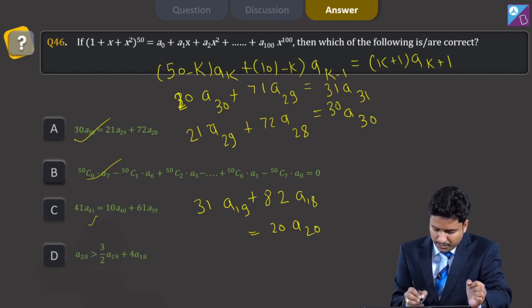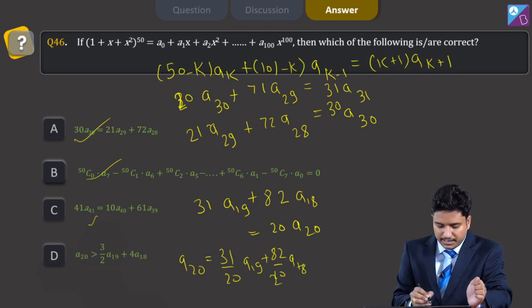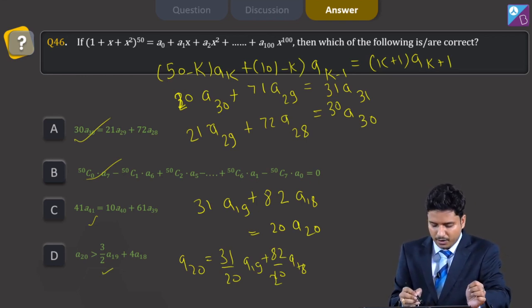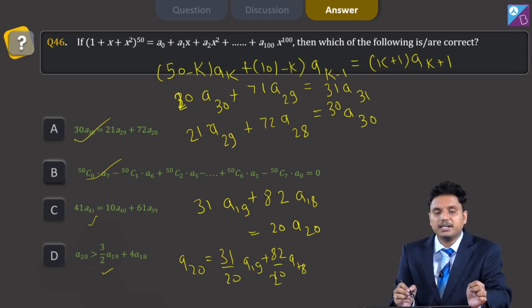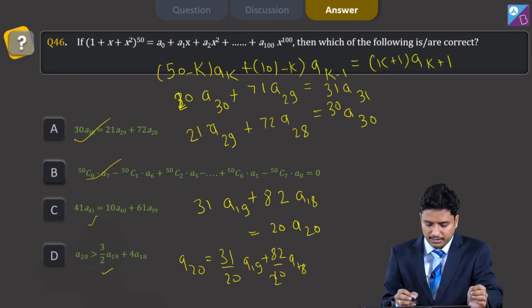So from here you can see that a20 is basically equal to 31 by 20 a19 plus 82 by 20 a18. This is your expression, which is obviously greater than the given 3 by 2, because 31 by 20 is greater than 3 by 2, and similarly 82 by 20 is also greater than 4. So this way option D can also be proved. So A, B, C, D, all 4 options are correct in this case.